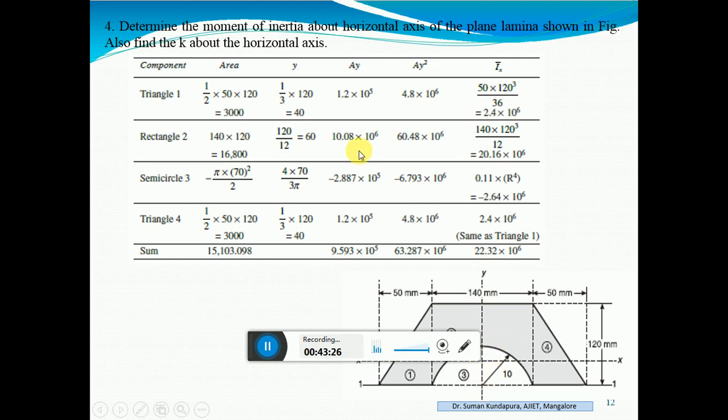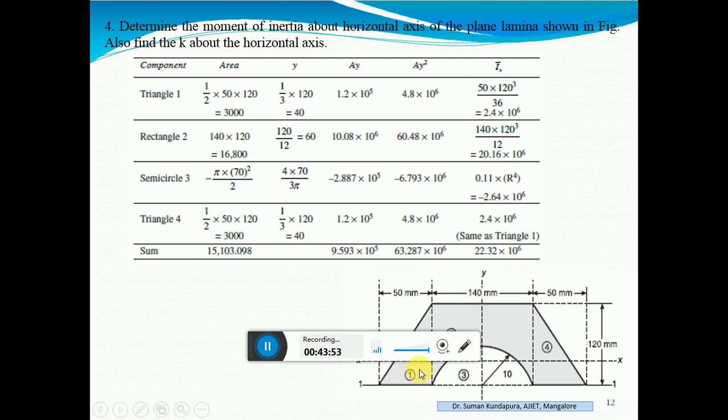Going further, I will calculate what is the y distance for each of the component. So coming to this triangle with respect to 1-1 axis, where is the centroid lying? It is lying here. So from apex, if I would have come, it is 2/3 of 50 for x component, but I am bothered about the y component here. Y is with respect to 1-1 axis, so somewhere here CG will be lying.